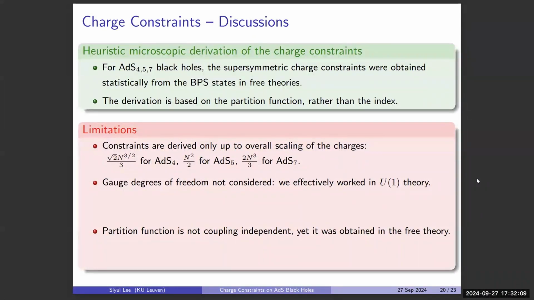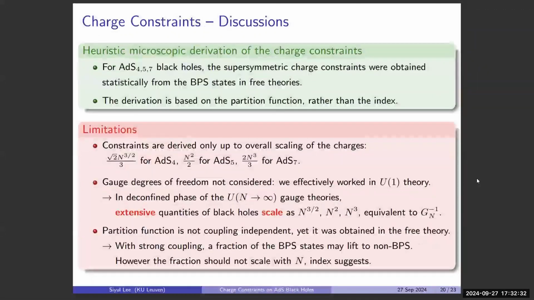That's why we didn't have any factor of n in our answer. So we can say that we have effectively worked in a U(1) gauge theory. Finally, the partition function is obviously not coupling independent, but we have calculated the partition function and everything in the free theory, whereas the black hole should be dual to a strongly coupled field theory.